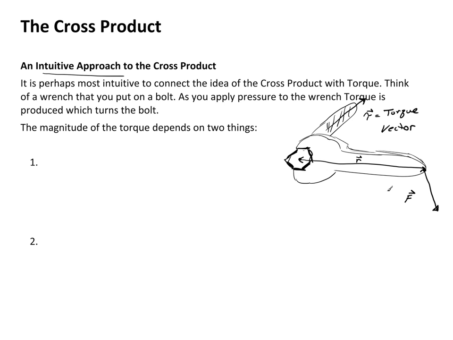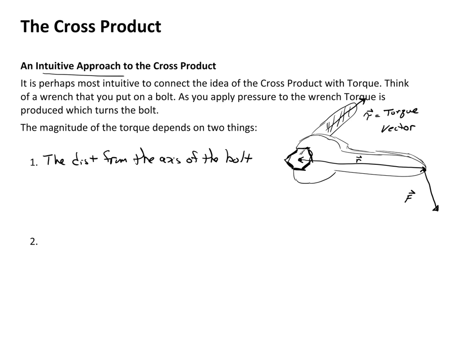Now, the magnitude of the torque depends on two things. The first thing is it will depend on the distance from the axis of the bolt. The axis is what I'm referring to right here.